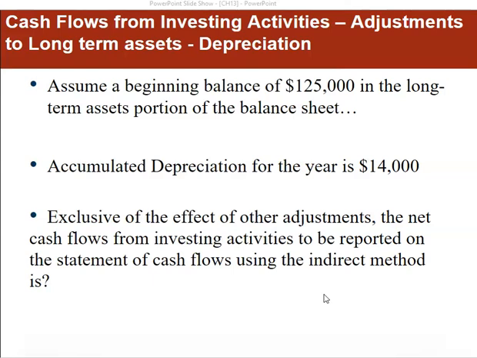The fact that accumulated depreciation for the year is 14,000 means nothing for the investing activities section. It indirectly would mean something for the operating section, because if we have accumulated depreciation for the year, that means we have depreciation expense, but that only impacts the operating section of the statement of cash flows.